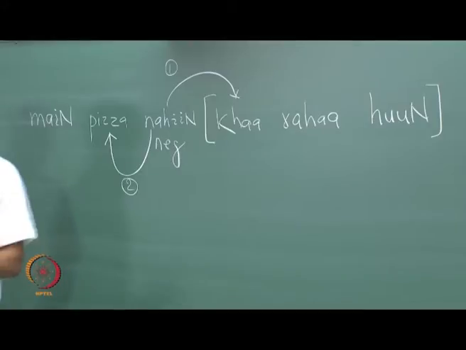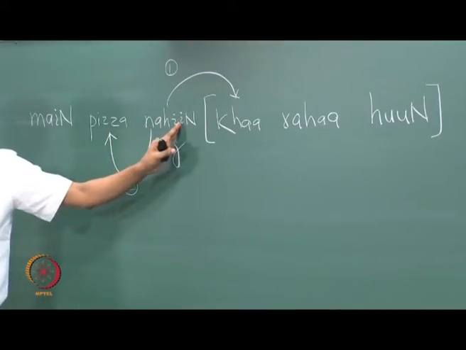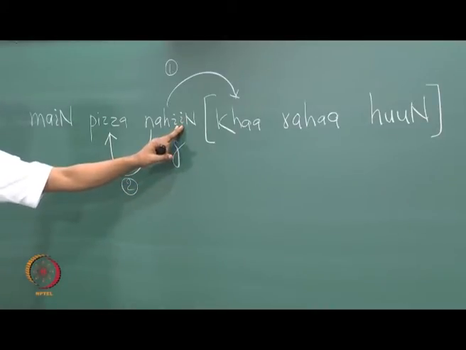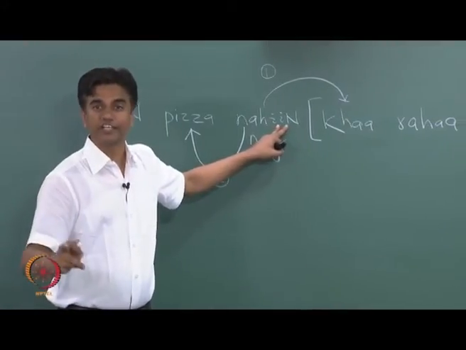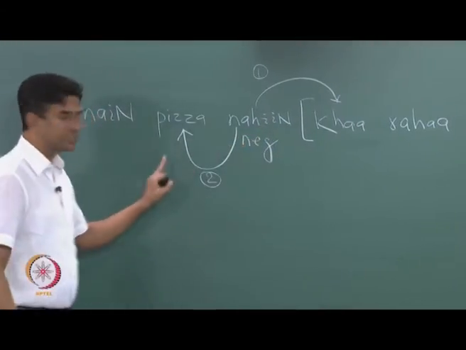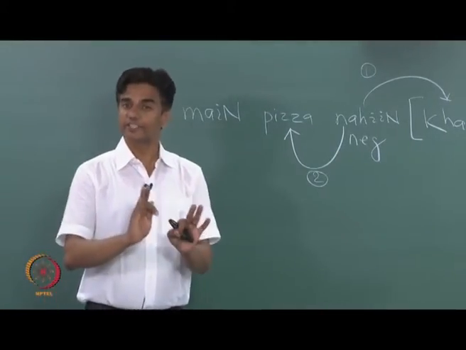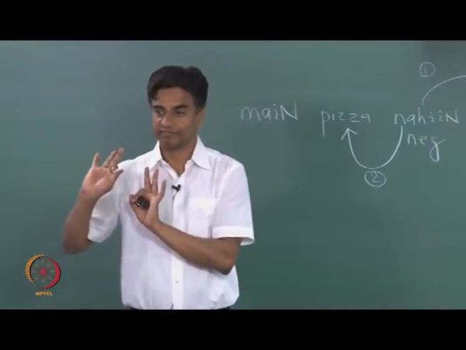Okay? So, I wanted you to see this fun part because when negation is not a verbal negation, when the negation is not a sentential negation, rather it is a constituent negation, in that case, whether it is a functional category or a lexical category is a different matter for discussion.